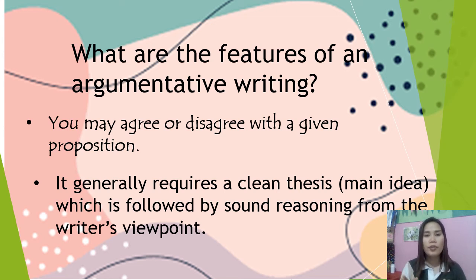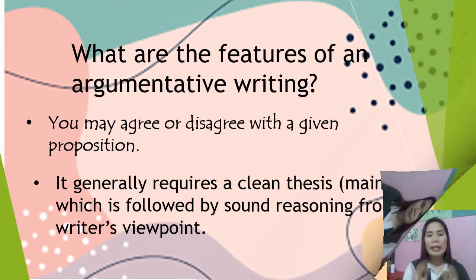There are three things that you may discuss in your argumentative essay. First, the advantages and disadvantages. Second, the opinion or providing a solution. And lastly, you have to decide whether you are for or against an argument. All right, so let's have the next.